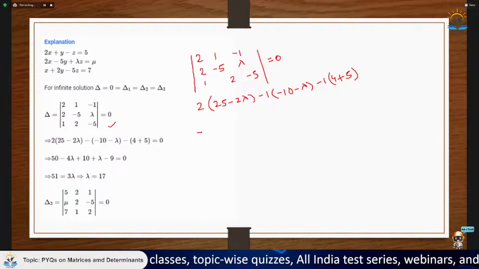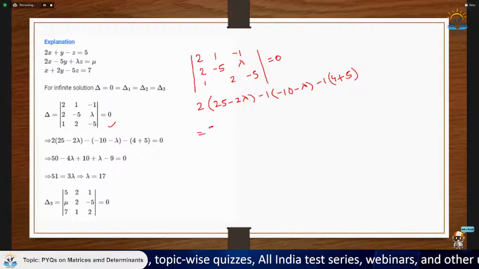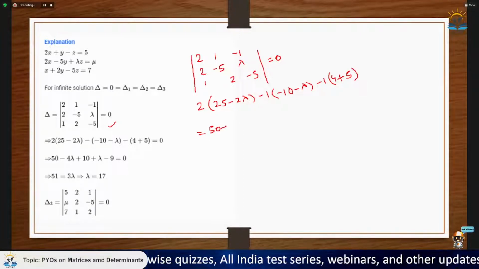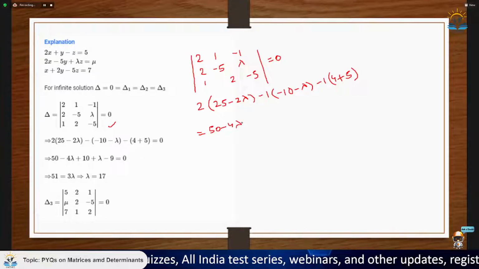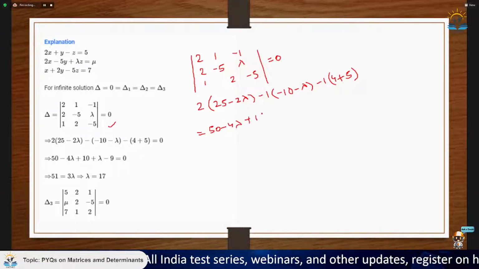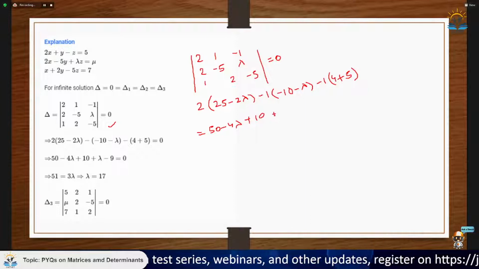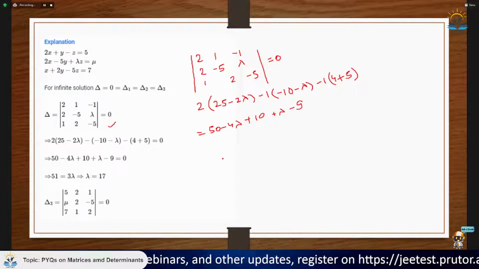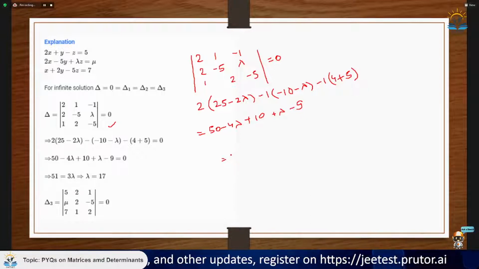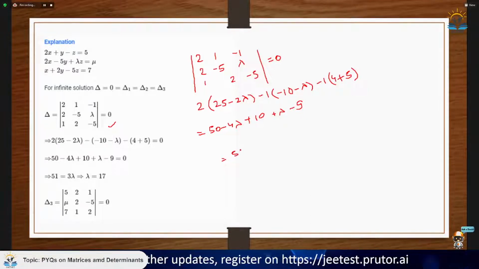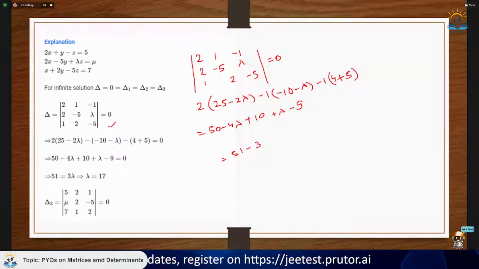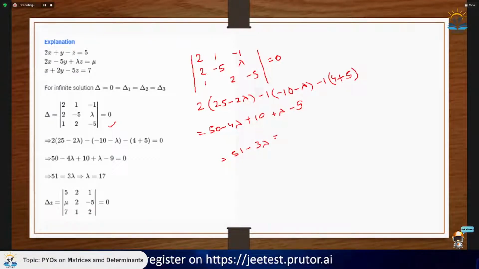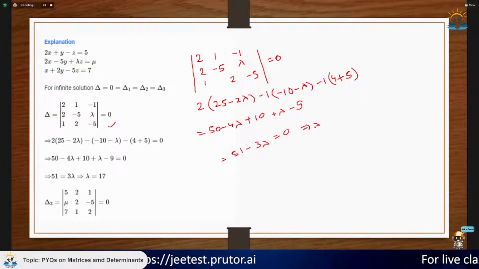Okay, so this thing is equal to 50 minus 4 lambda plus 10 plus lambda minus 9. Okay, so 50 plus 10 is 60, 60 minus 9 is 51. 51 minus 3 lambda should be equal to 0. So from here we can say that lambda is equal to 17.